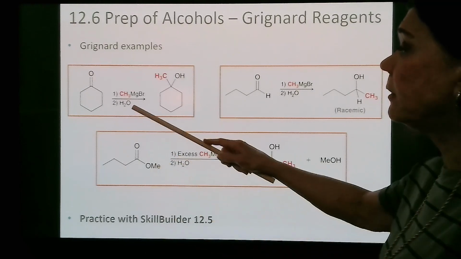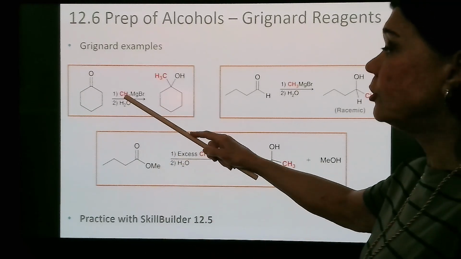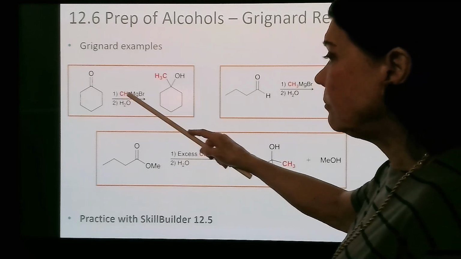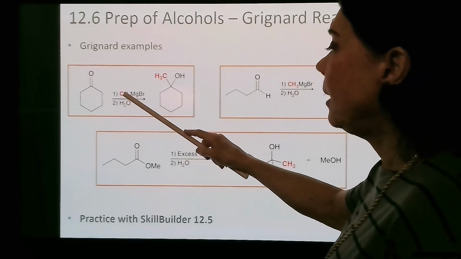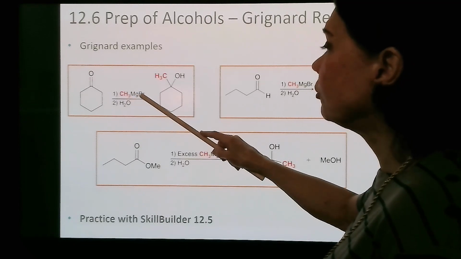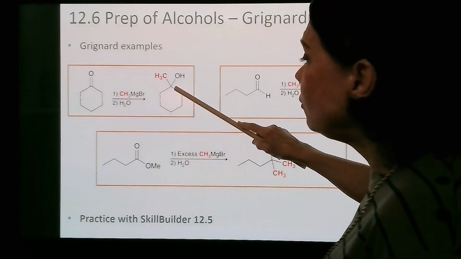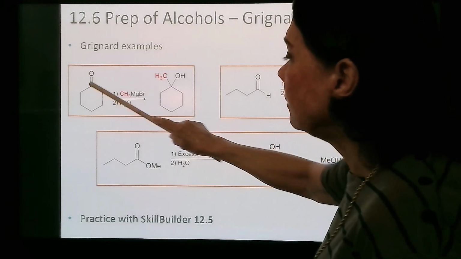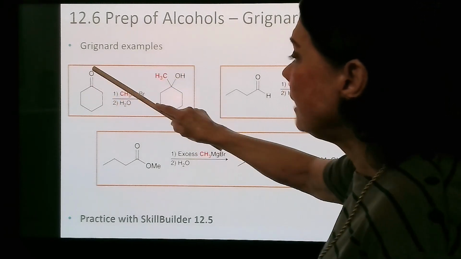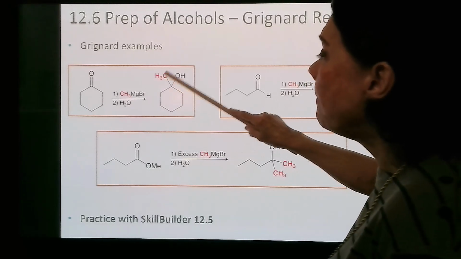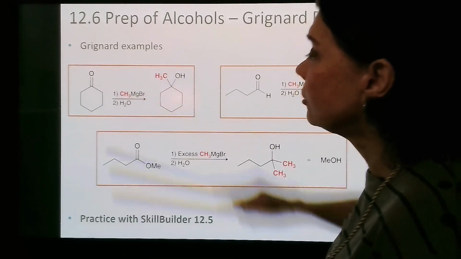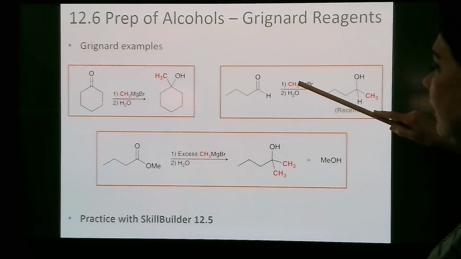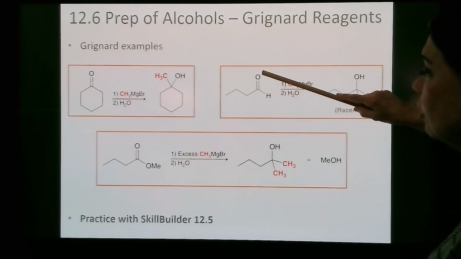So here are examples of a Grignard reaction. So here you would get this methyl magnesium bromide, which is your Grignard reagent here, and you will attach methyl to the carbonyl carbon and then protonate the oxygen. So it's essentially adding methyl and hydrogen across the carbonyl. Here, once again, you're adding methyl and hydrogen across the carbonyl.